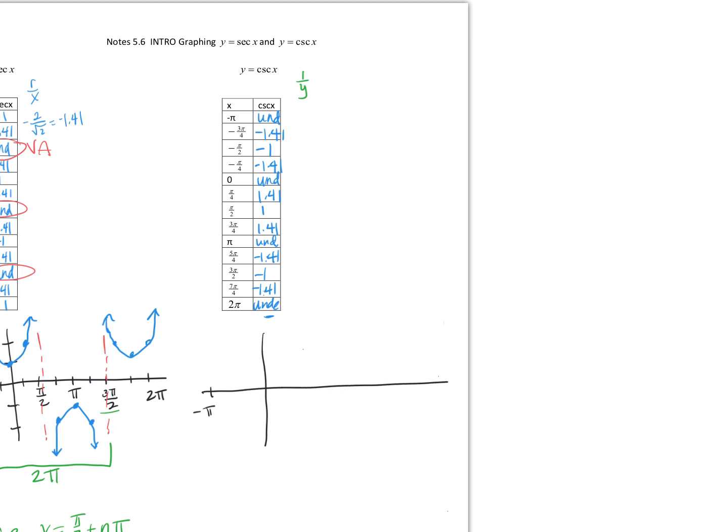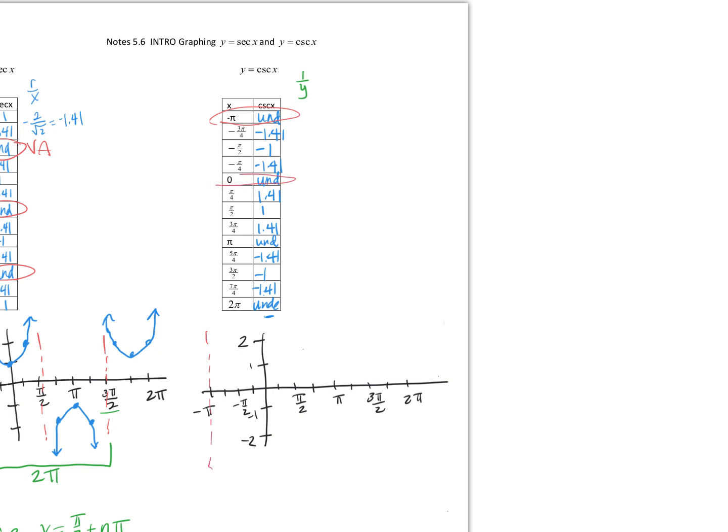So negative pi over 2, pi over 2, pi, 3 pi over 2, 2 pi. And again, we need 1, and we need 2, negative 1, negative 2. All right, asymptotes. If I put in my asymptotes, I have an asymptote at negative pi.